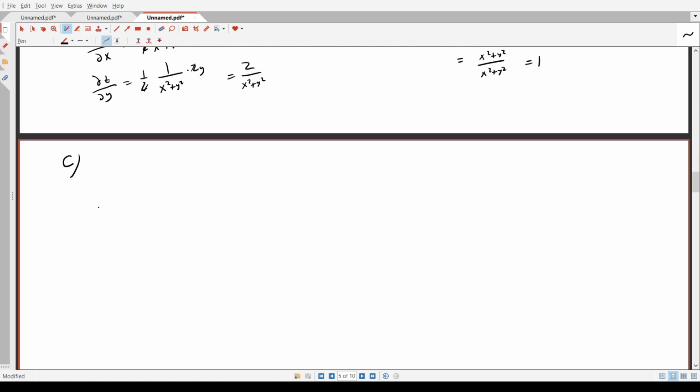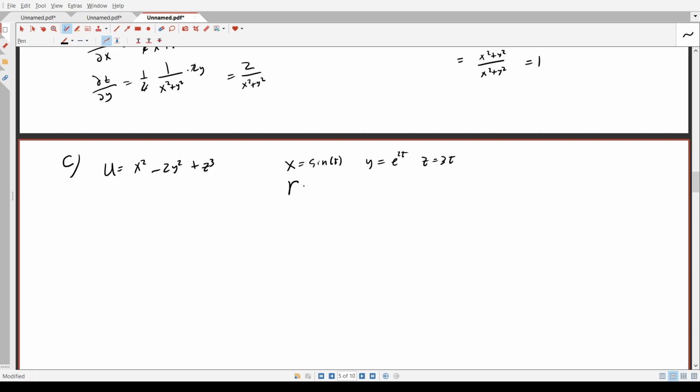C. It tells us that u equals x squared minus 2y squared plus z cubed, and it tells us that x equals sine of t, y equals e to the 2t, and z equals 3t.